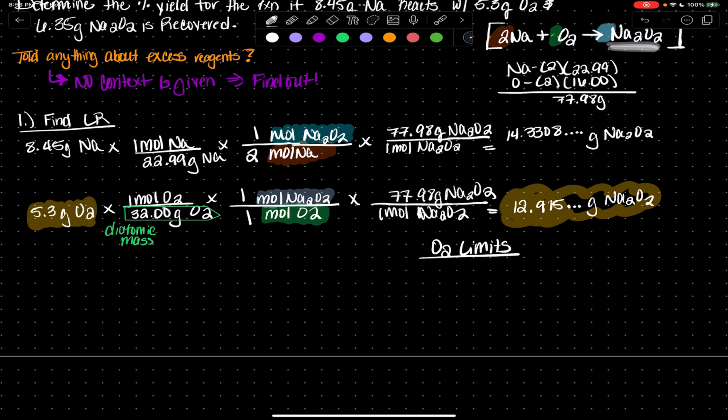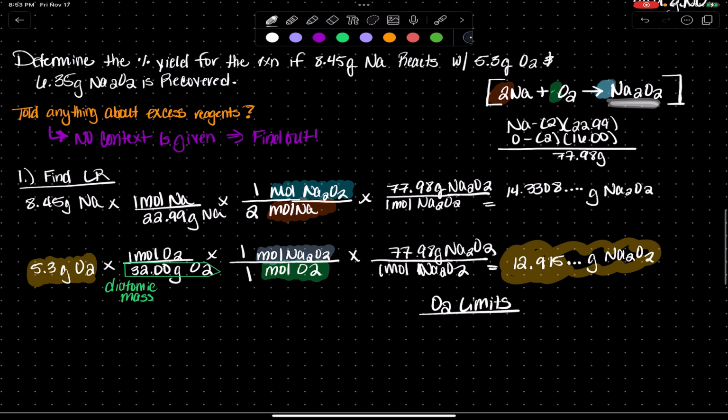So since oxygen limits the reaction, I can only produce, by stoichiometry, the 12.915 and change grams of sodium oxide.